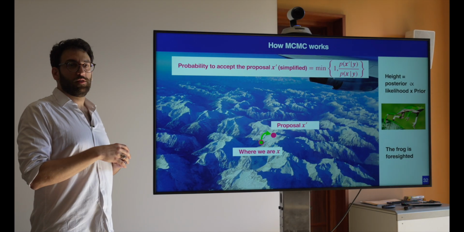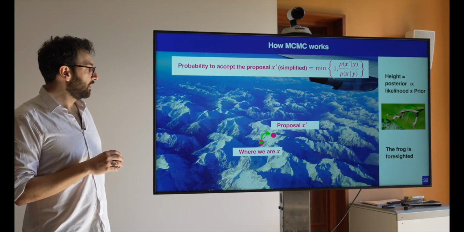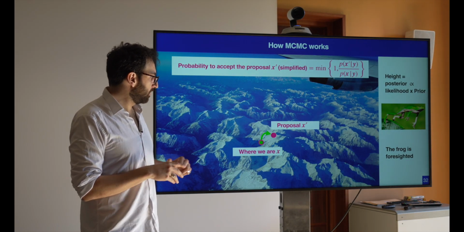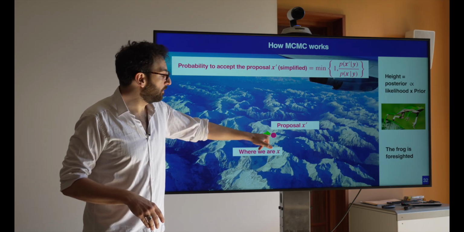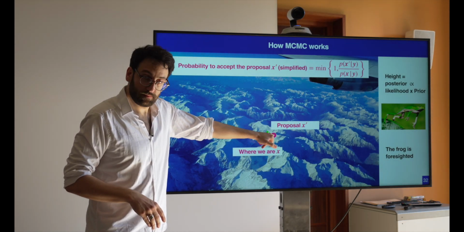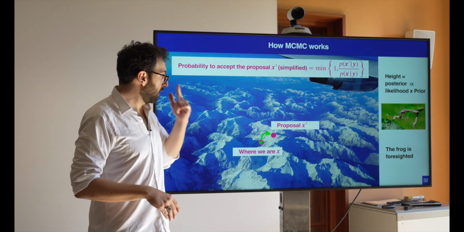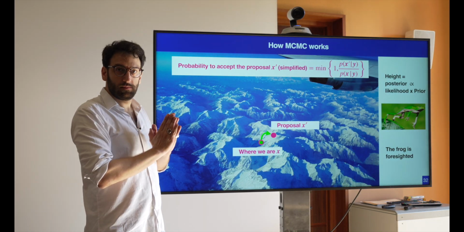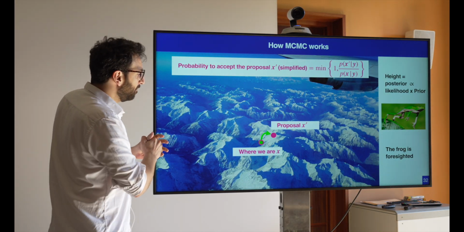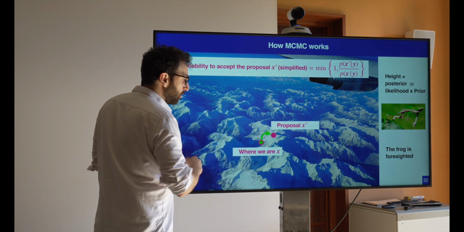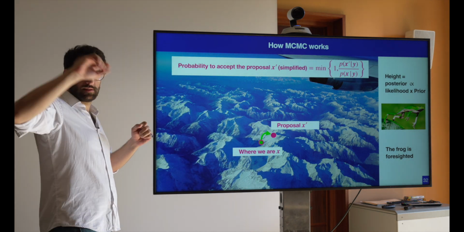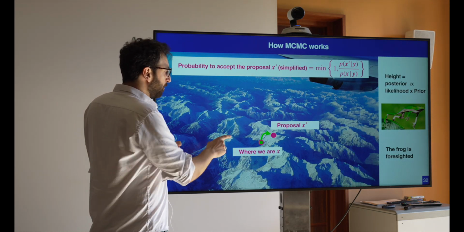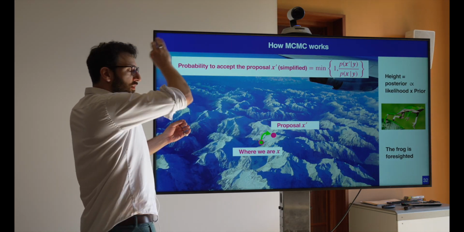So the frog is very careful. It's like there's a proposal, the frog might jump there and considers it. This proposal is generated randomly. The frog asks a computer, and the computer suggests randomly one point.